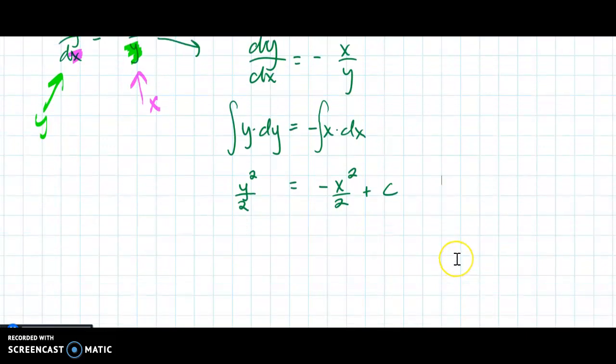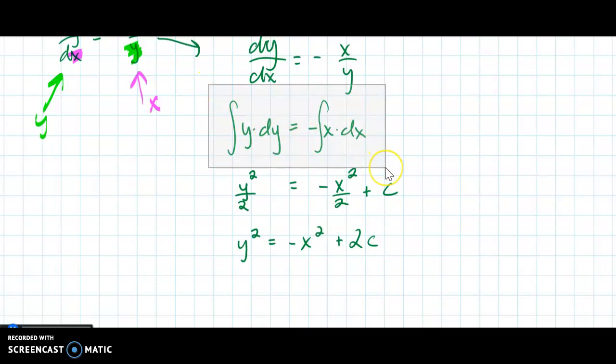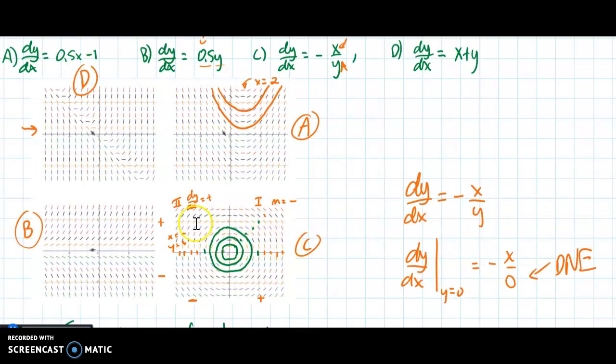From there, I could multiply by 2, and I would get y squared equals negative x squared plus 2 times c. Usually when we solve these equations, we want to solve for y. But in this particular equation, I want you to see that, well, we already did the separation of variables, and the separation of variables technique matches what we got up here.